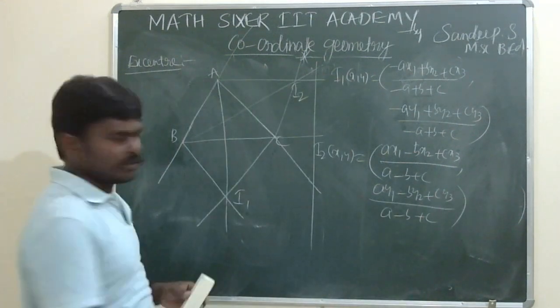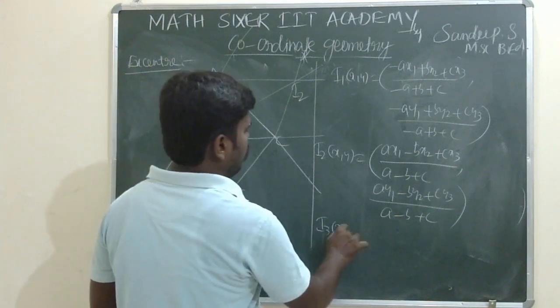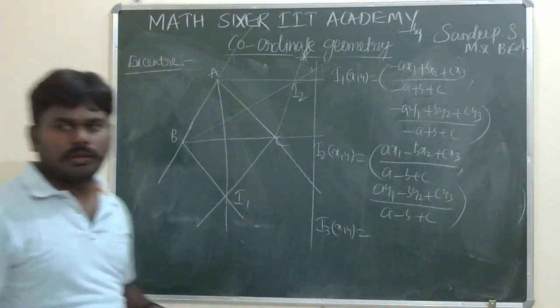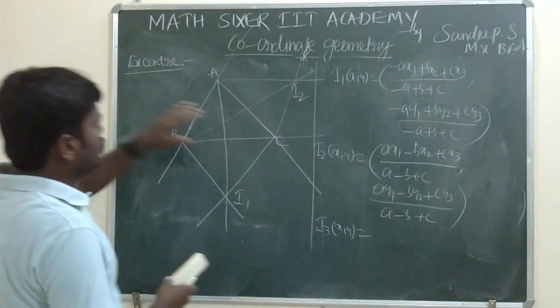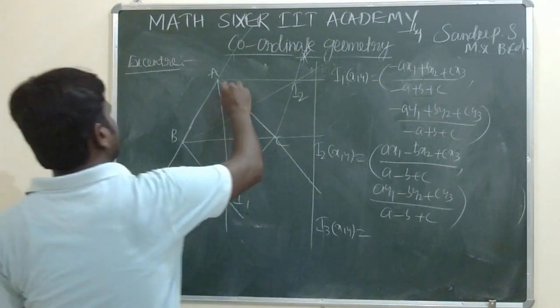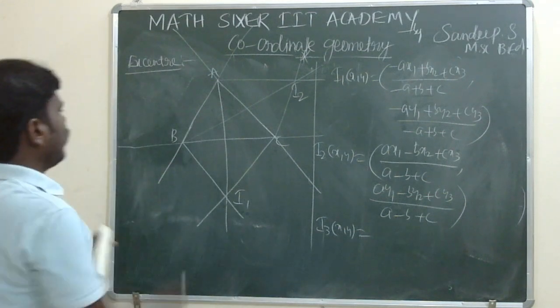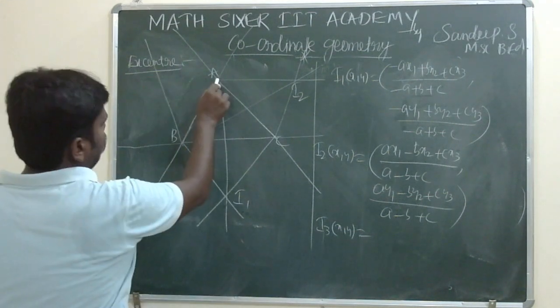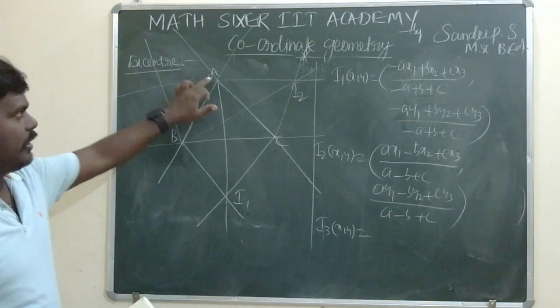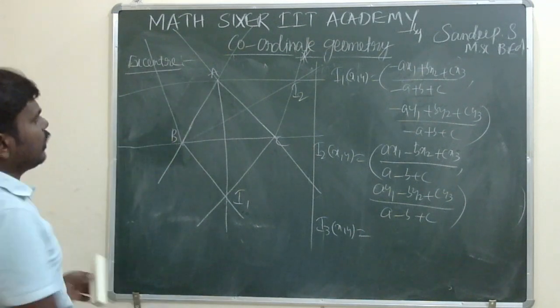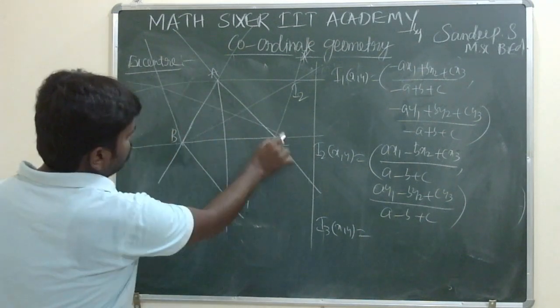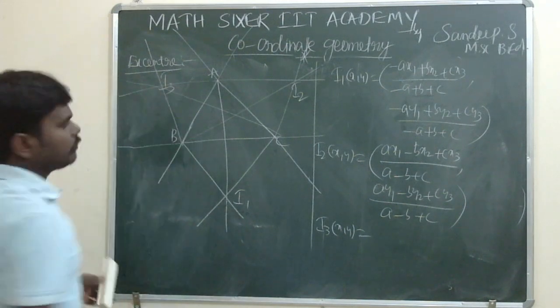And next excenter I3 of x comma y, and I3 means the one opposite to the vertex C. That means you have to extend the sides AC and also BC, and the external angle bisectors are of the external angles A and also B, and the internal angle bisector of the angle C. So this is called I3.